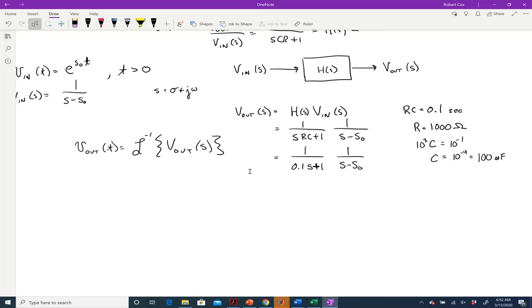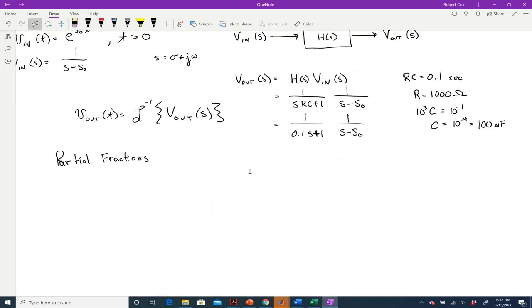To do that, we had to make use of what we called partial fraction analysis. Okay, partial fractions. So in the whole partial fraction analysis, I say, in this case, I have 1 over 0.1 S plus 1 times S minus S naught.